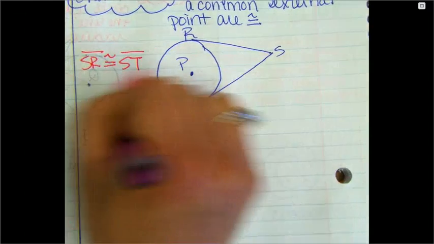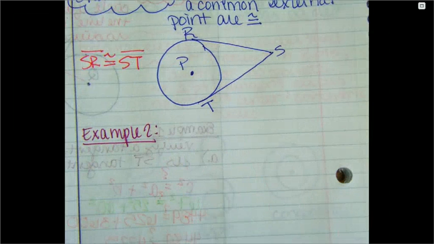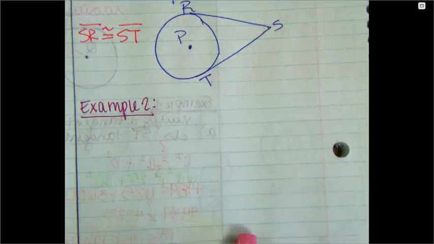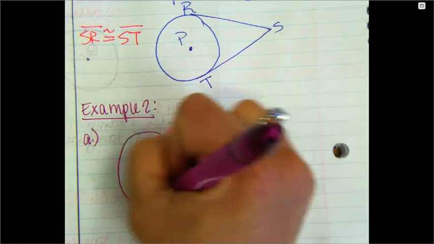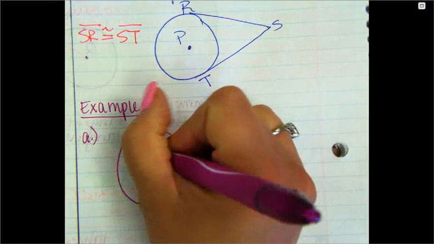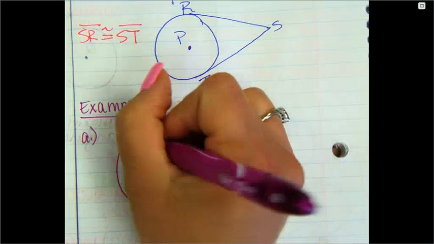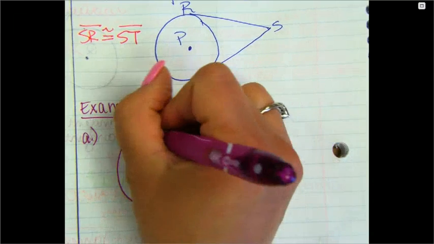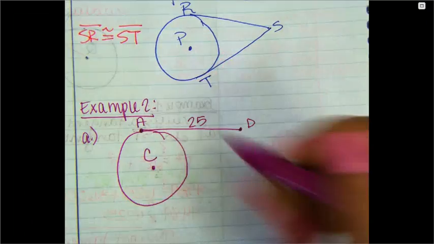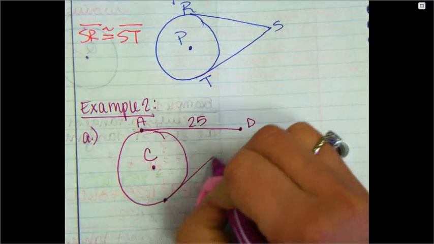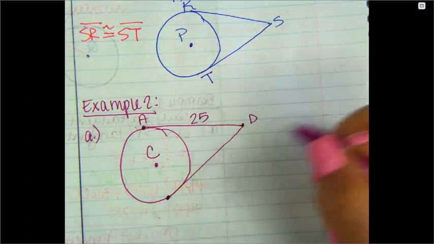Example 2. What does that mean? That means that here's my circle C. That A to D is 25. Doesn't this look like a cone hat?